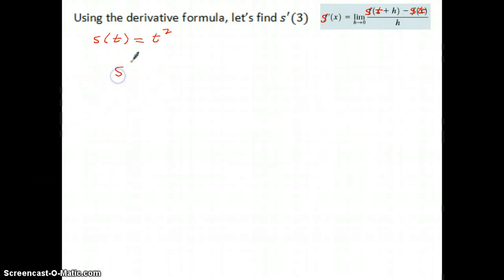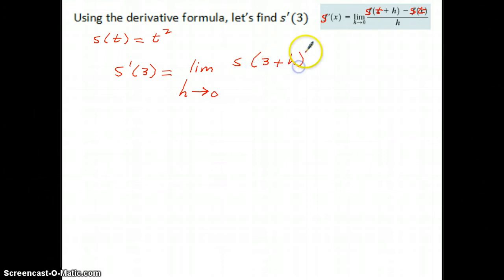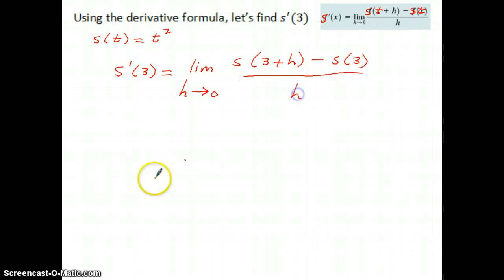We have s prime of 3 is equal to the limit as h goes to 0 of s of 3 plus h minus s of 3, all divided by h.